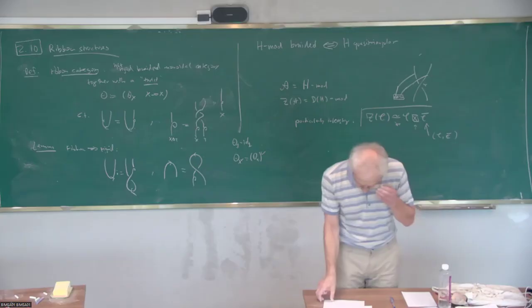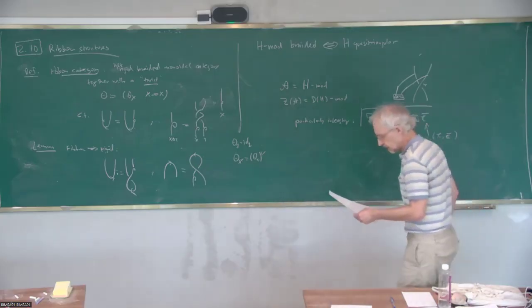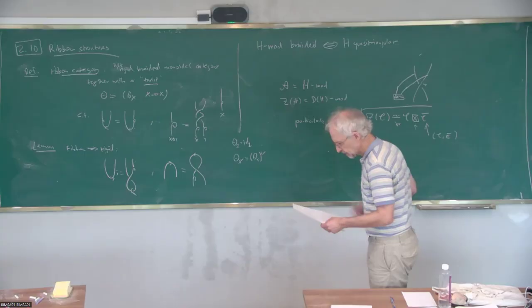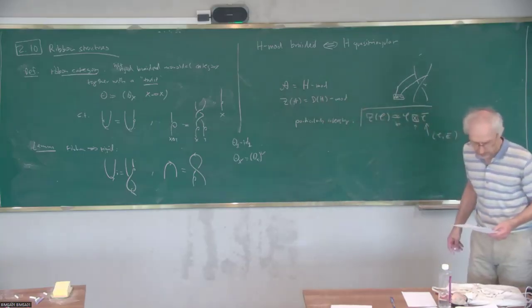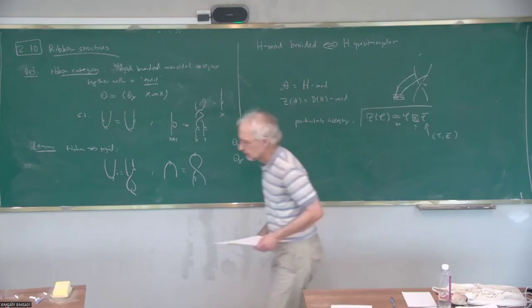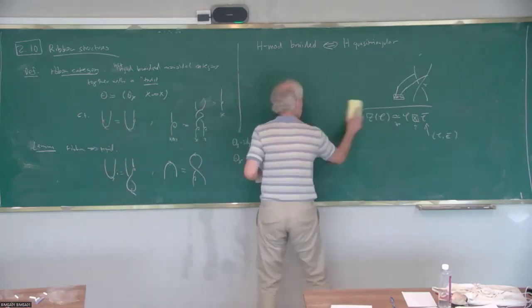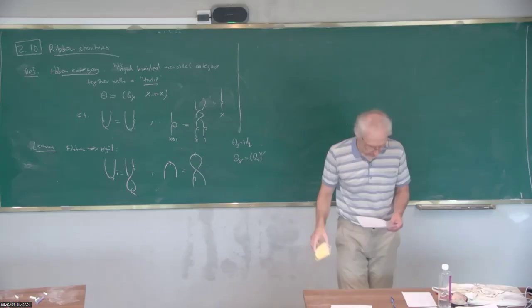You could ask whether you can get a twist from a braided category that is also pivotal. It turns out there are actually two ways to do that.